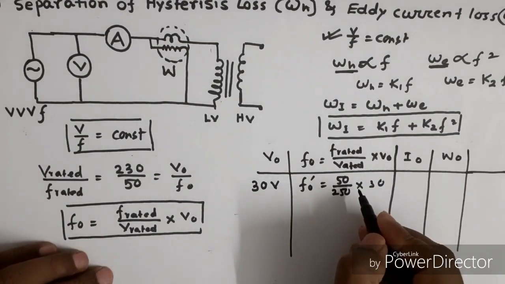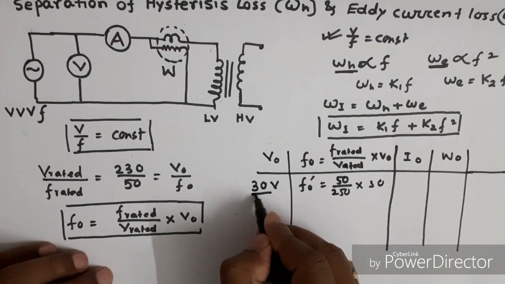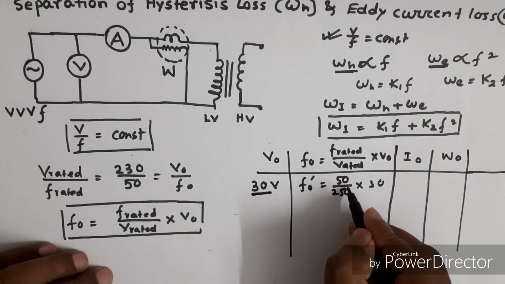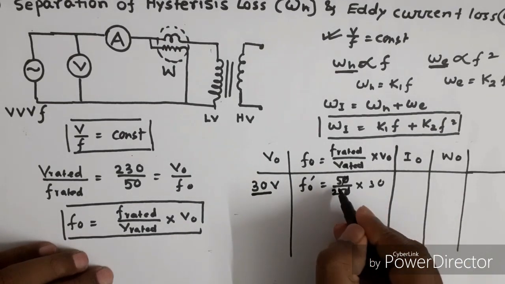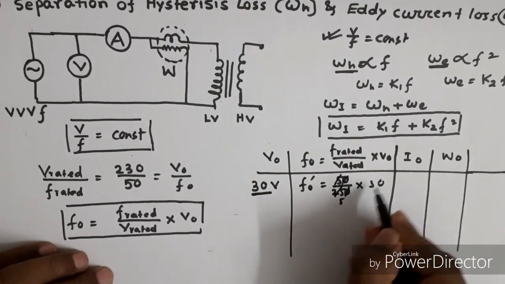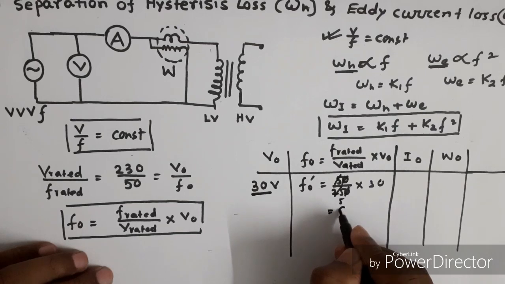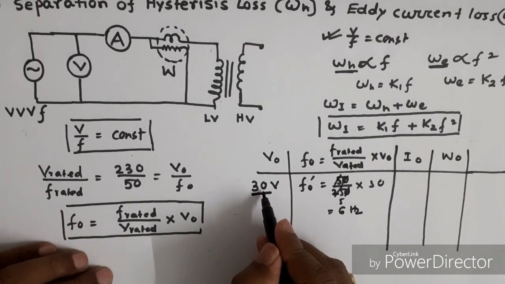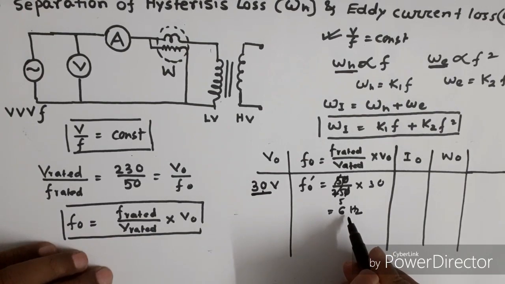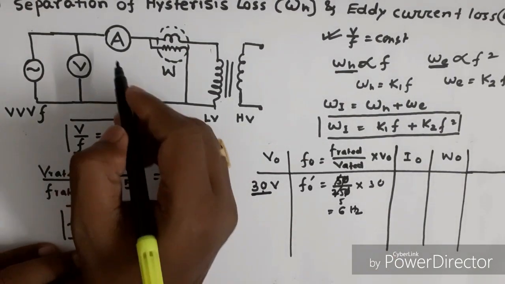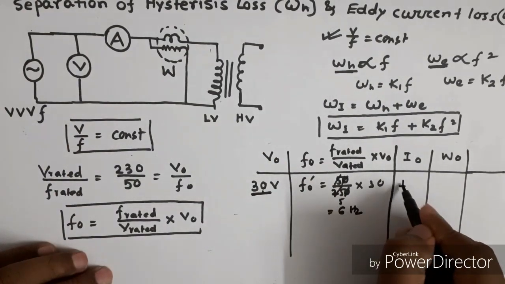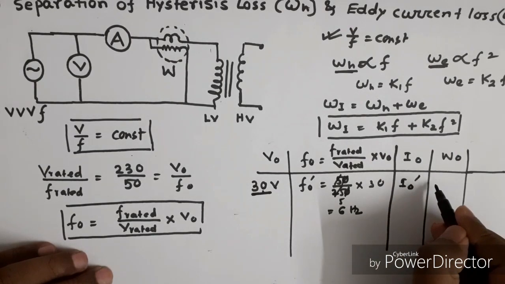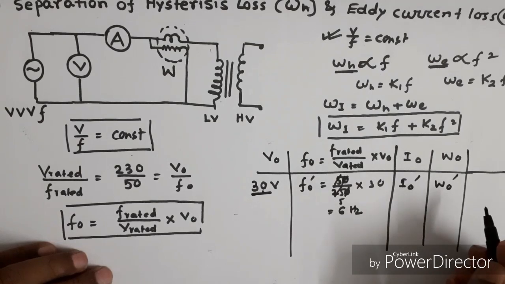The terms cancel out, and that will be about 6 hertz. That means for a voltage of 30 volt and frequency of 6 hertz, I take the ammeter reading I0 dash and the wattmeter reading W0 dash.